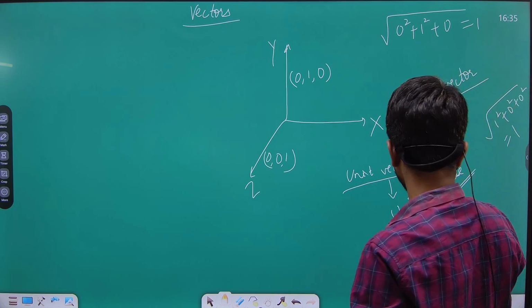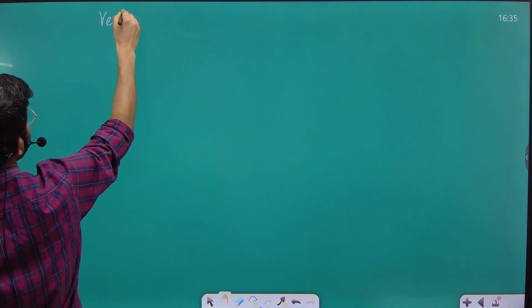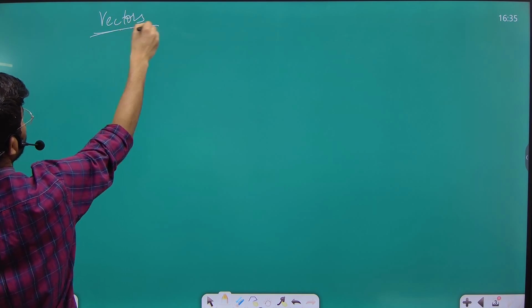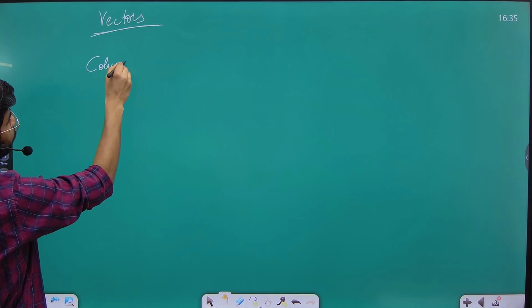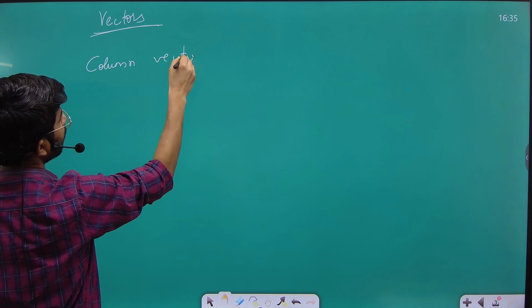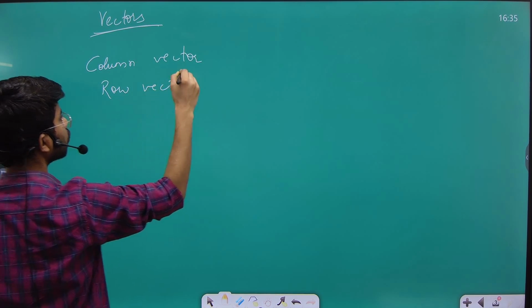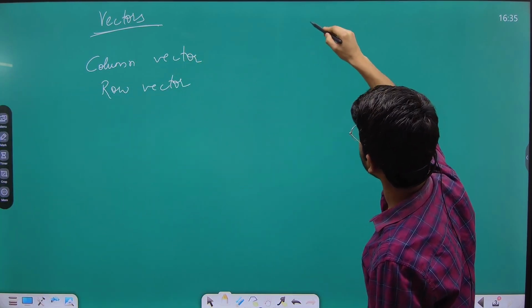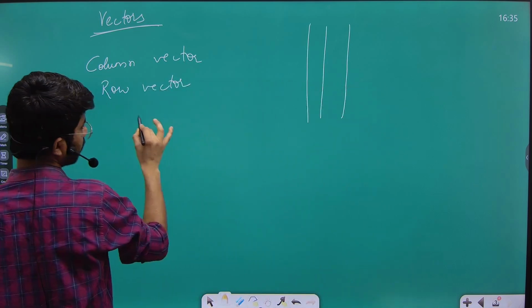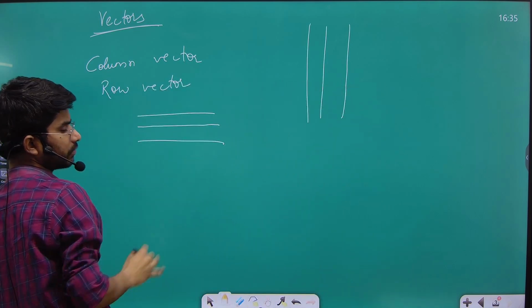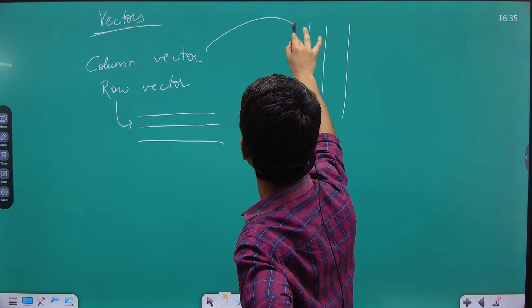Suppose we are given some vectors, and that vector can be represented either as a column vector or as a row vector. Always remember, column vector means we are talking vertically, and in the row vector we are talking about horizontal vectors. So this is your row vector, this is your column vector.